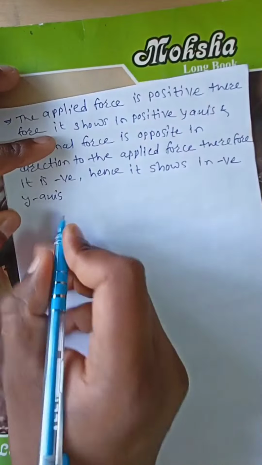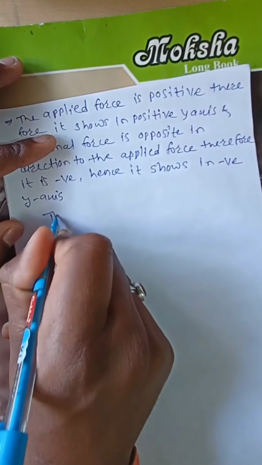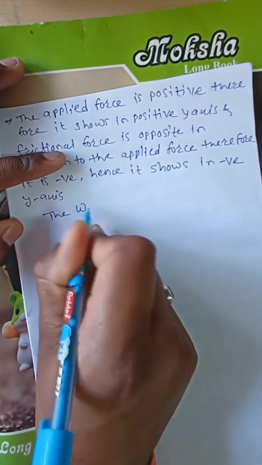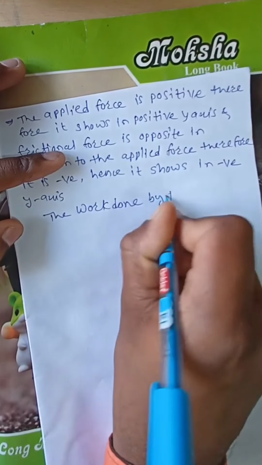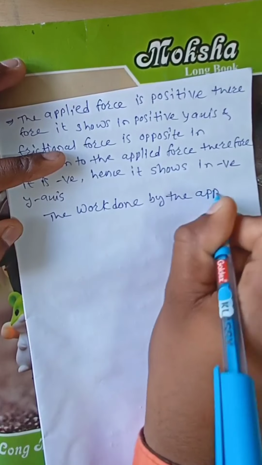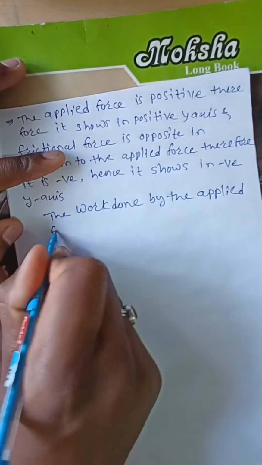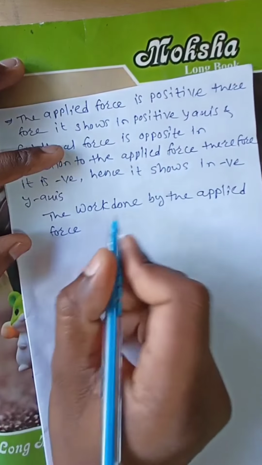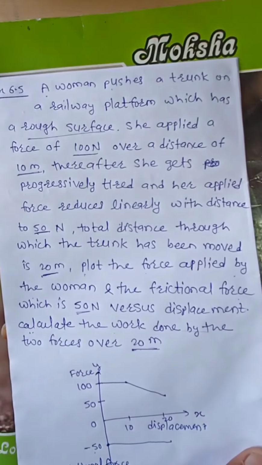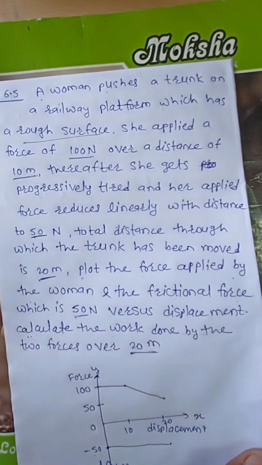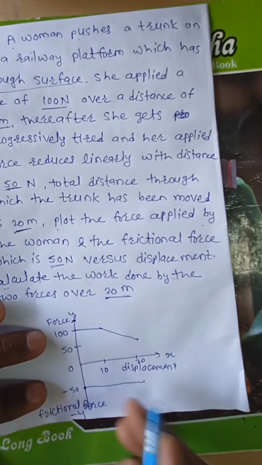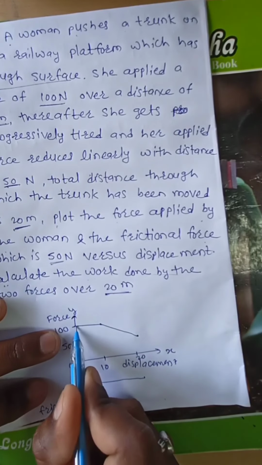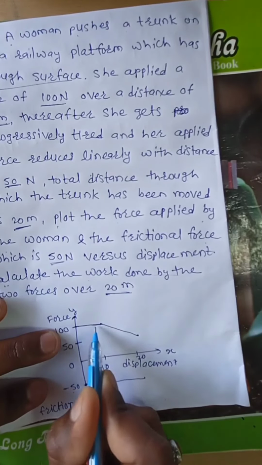Now first we have to calculate the work done by the applied force. The woman applies a force on a trunk. Now see in the graph, the applied force is a variable force.